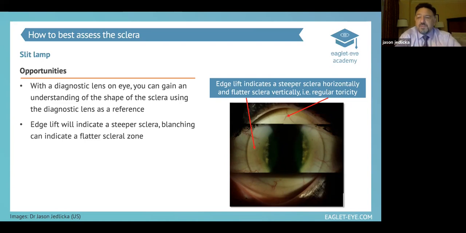The problem is that we had to put a lens on the eye that doesn't necessarily fit very well to figure that out. And so again, it's a time-consuming process. And then even as we find out, gosh, we've got this against-the-rule scleral shape, I need a toric lens, and I put a toric lens on, how close will that actually be to the patient's amount of toricity? There's a limited number of lenses I can actually put on that eye out of my diagnostic set to tell that.